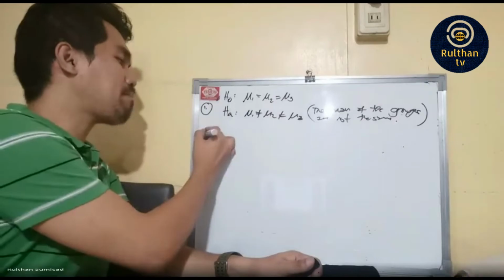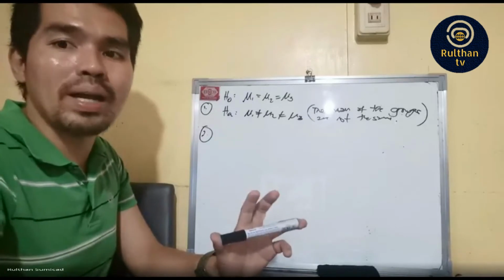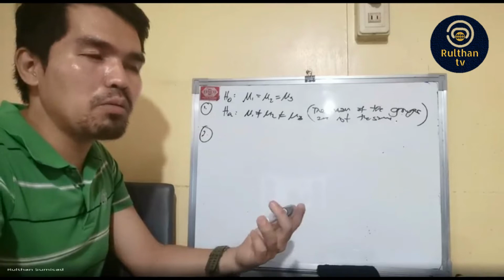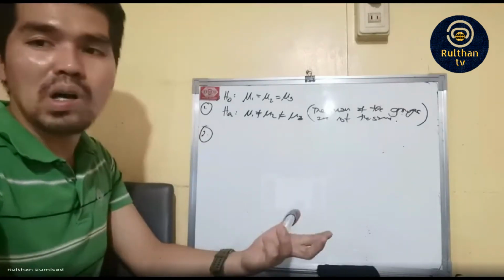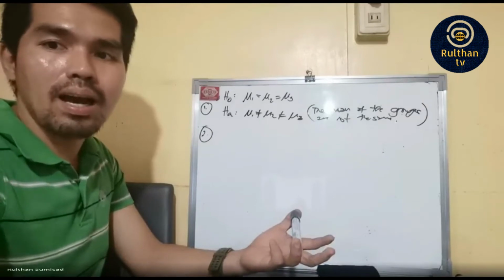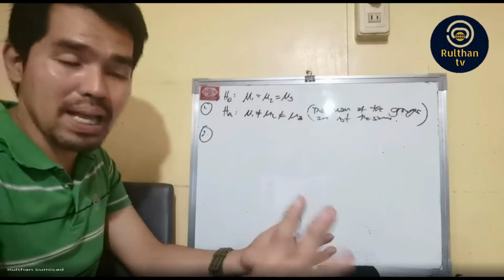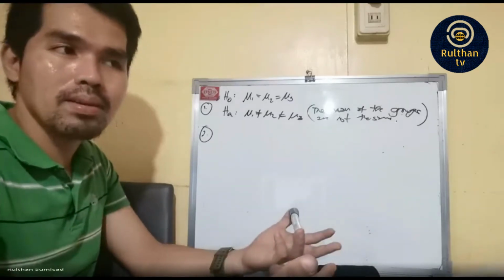What's the second step? Decide the test statistic. Because we want to draw an inference, we would like to make a conclusion comparing two or more population means simultaneously, meaning at the same time, together.